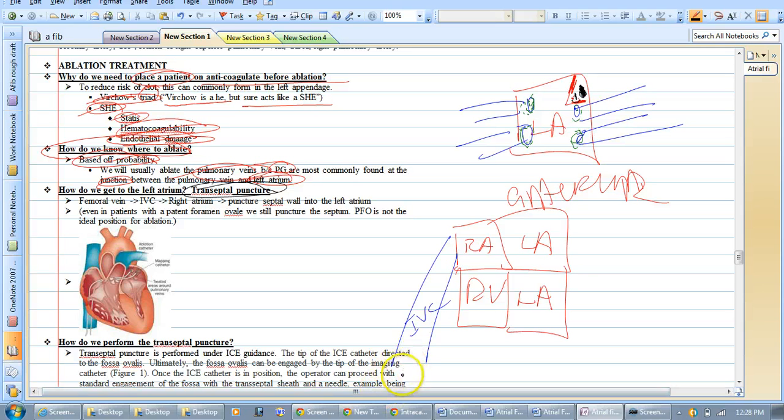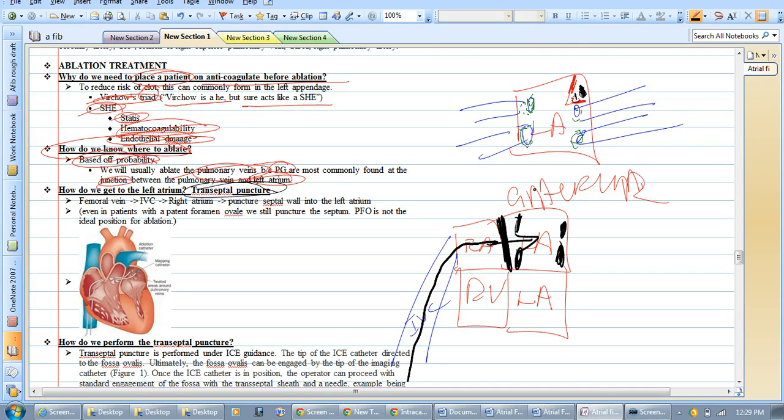So, as mentioned before, we're going from the IVC, usually from a femoral entry point, going to the right atrium, and right here at that interatrial septum, we need to get across. So, essentially, we're just poking through it, and that's going to allow us to access our sites of ablation.